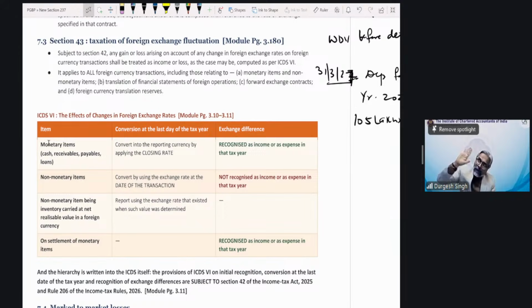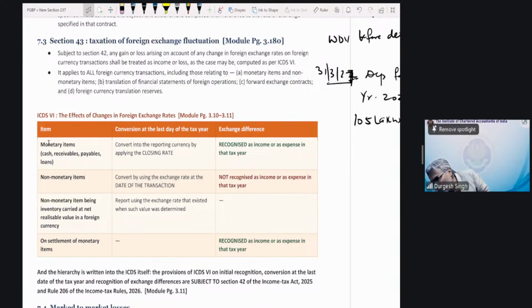So I have a foreign currency loan exposure, and that exposure will give rise to exchange rate fluctuation because I have not yet made the payment to that lender. So I will have a foreign exchange fluctuation exposure, students.